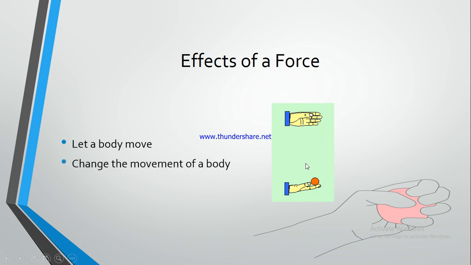Or maybe change the motion of the object. For example, this hand tries to change the motion of the ball, or may change the form of the object. So this hand changes the form of the ball.